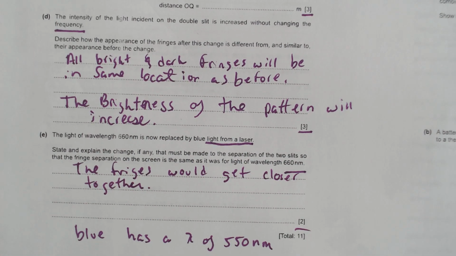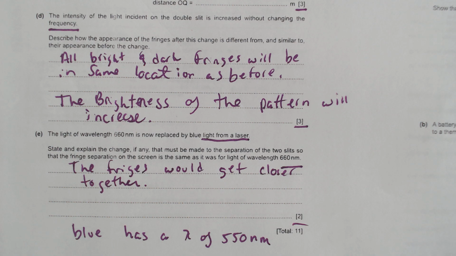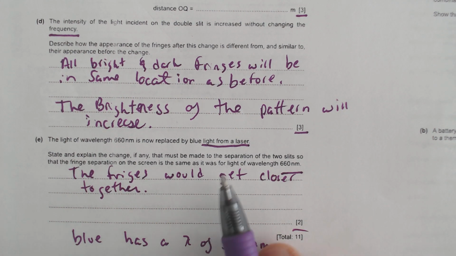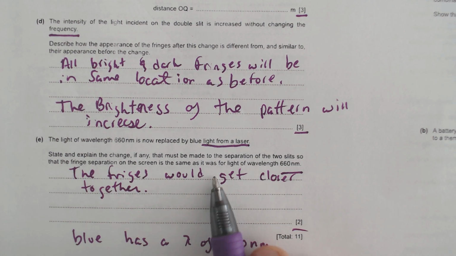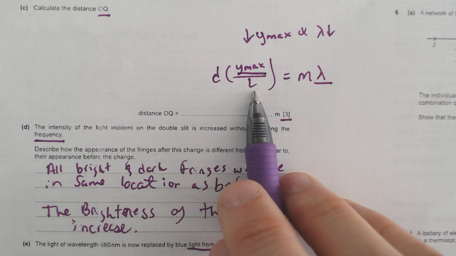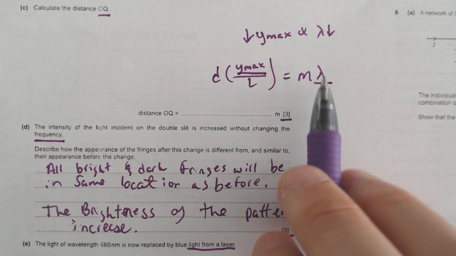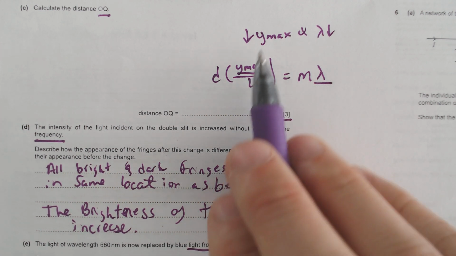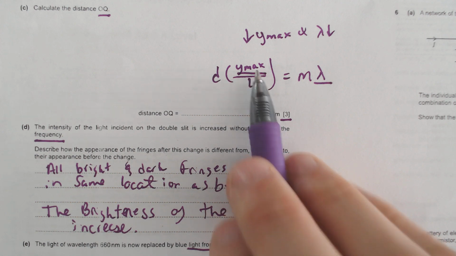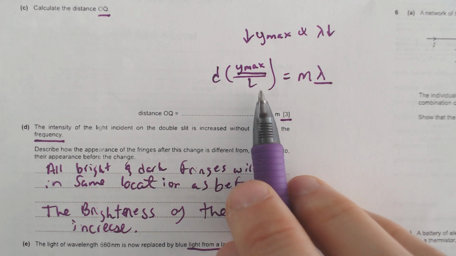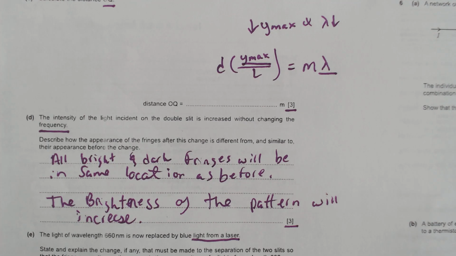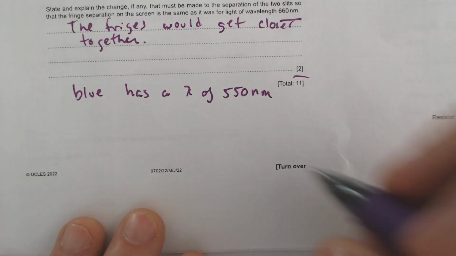Two-pointer, so we might not need that. In order to counteract the closer together part, how would we need to affect how far away the screen is going to be? Well, the screen distance L is inversely proportional to lambda. So if y max is going down, we would need to also decrease or increase the L. How would we get it to spread out further? You could actually think in geometry.